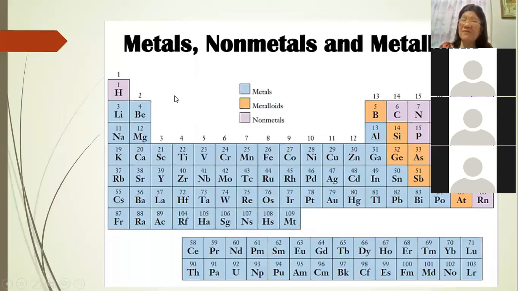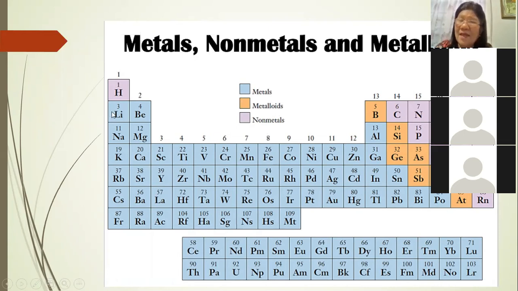So, in the periodic table, as I have said, these are classified into 3. It could either be metals, non-metals, and metalloid. So, the blue here are all metals. Then, the brown here are metalloids. Then, the gray or purple are non-metals. As you look into this, mostly are metals.